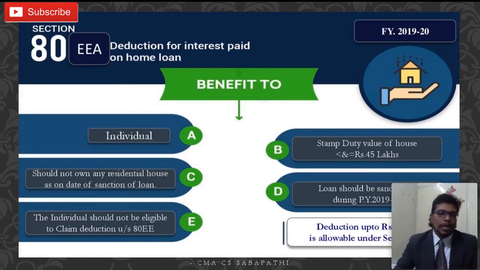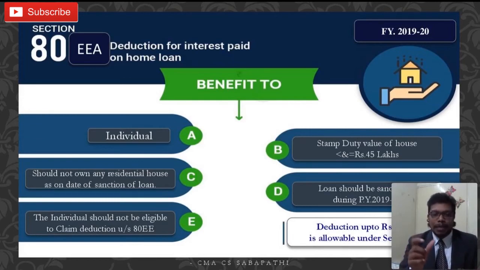This is going to be a new house for you. It should have been purchased in the financial year 19-20, the previous year. Another thing, the individual should not be eligible to claim a deduction under section 80E. So the taxpayer can avail either 80EE or 80EEA. They cannot avail both.